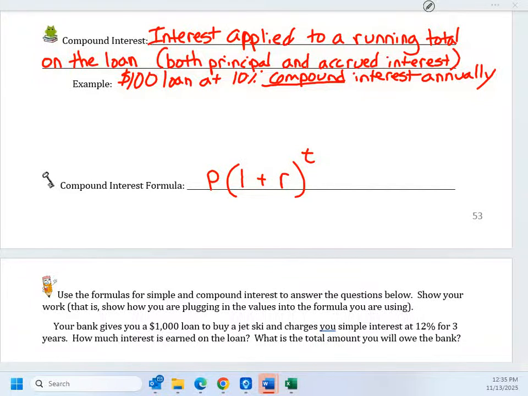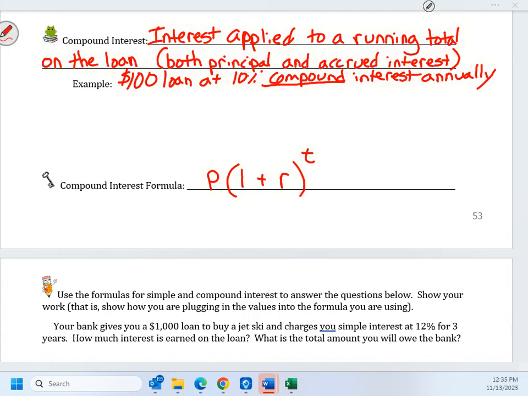So remember, if we were to work it out by hand, order of operations, we do the parentheses first, then we do our exponent, then we multiply it by the principal. Let's see how it changes our answers.